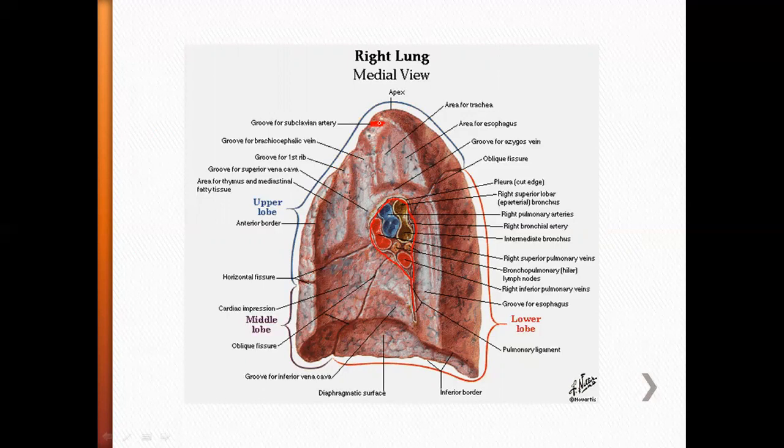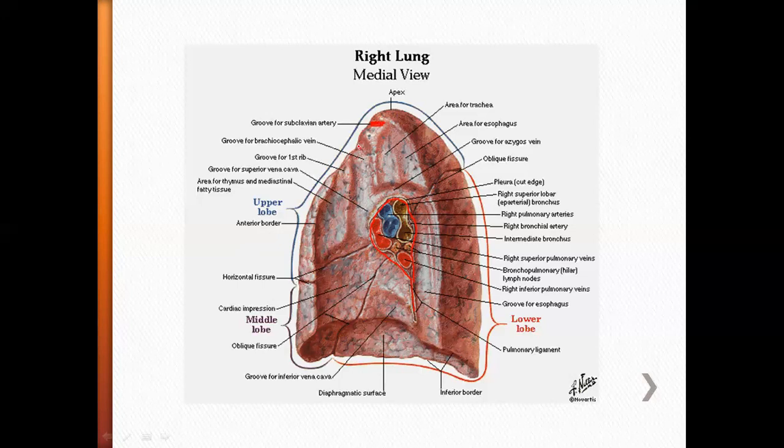That artery runs below the clavicle. So where can you find the subclavian artery? In the neck region. Remember like this. Where is our apex? Near the clavicle. Now can you relate what structure is near the apex? Groove for the subclavian artery.